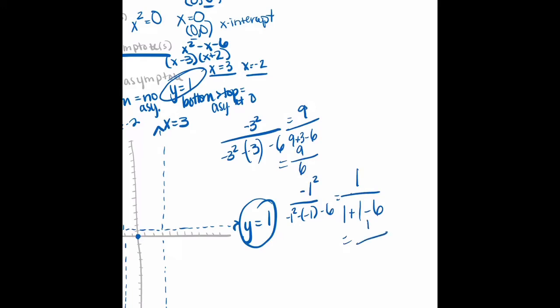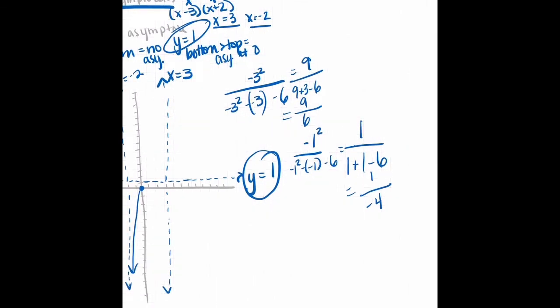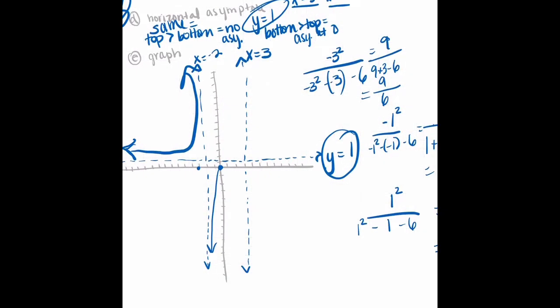And I get 1 over negative 4. So it's going to be going down on this side. And what happens when I plug in just plain 1? I get 1 over 1 minus 6. So it's also going down on this side.